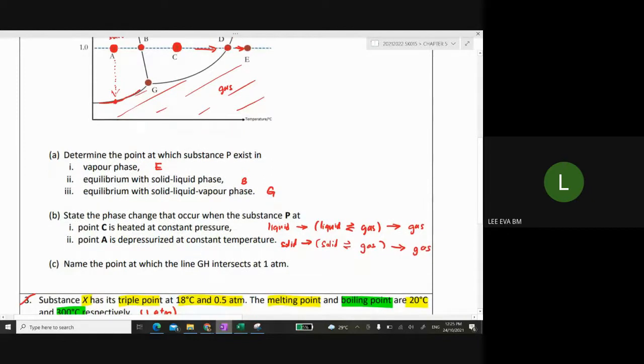Okay, last one. Nasha. Is Nasha over here? Nasha Dawina. Ya, Nasha. Okay. Name the point at which line GH intersect 1 ATM.